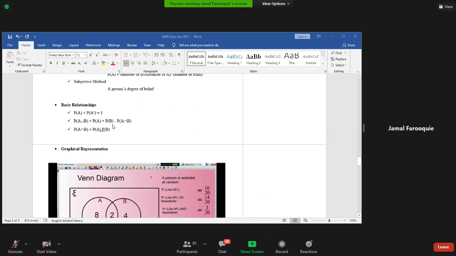So in probability, when we say A or B, we use this second one.